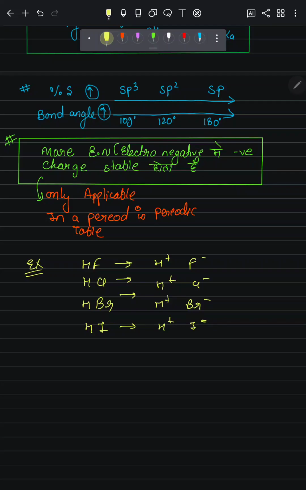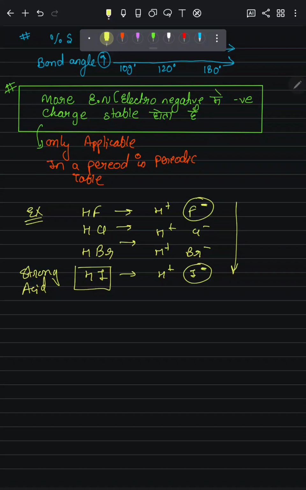To know which is the strong acid, we see the stability of the ion. Fluorine is a small element, and iodine, due to its larger size down the group, is the strongest acid, and HF is a weak acid.